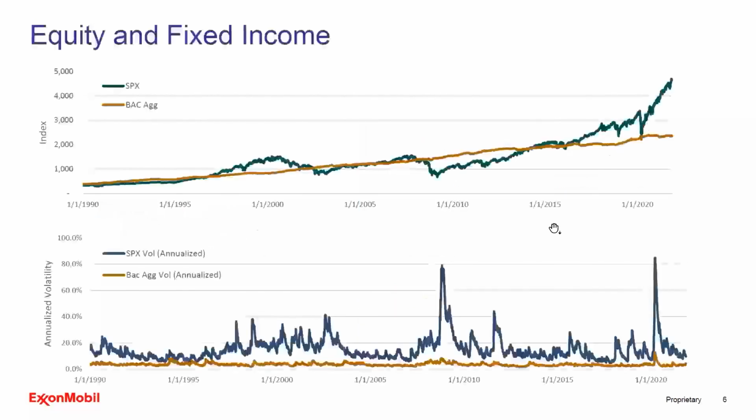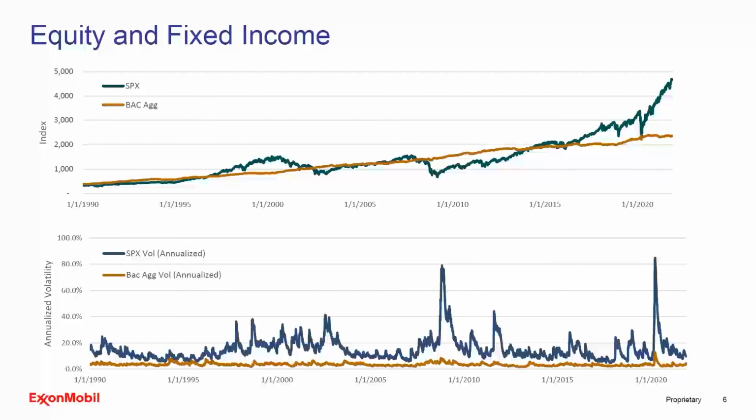Then let's review the price characteristics and the volatilities of two big asset classes: one is equity, one is fixed income. For equity, people usually use the S&P 500 as a proxy to represent the American equity market, and the Barclays Aggregate to represent fixed income. The blue curve shows the S&P 500 index, the brown curve shows the Barclays Aggregate, and they show the total returns over the last 30 years.